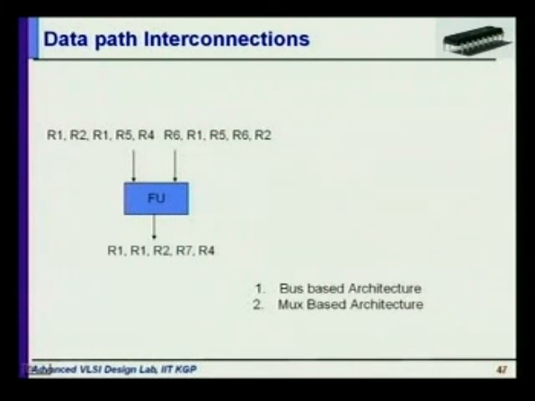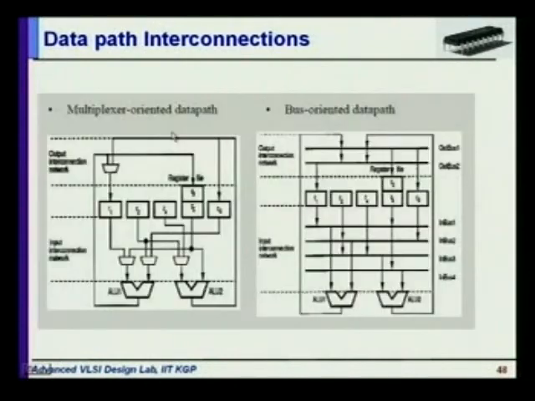I already discussed that after register allocation and binding, the function units are decided, and what inputs have to be given to each function unit in different time steps is also decided. The only thing you have to do is design the interconnect among them.